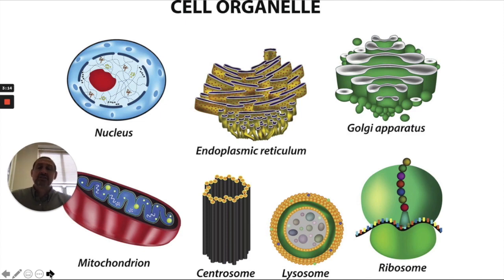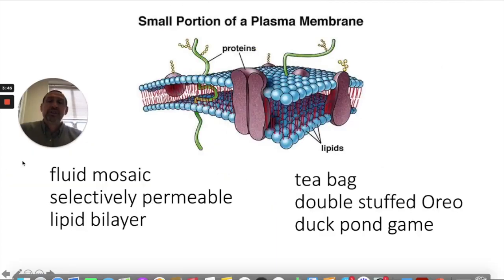The centrosome, which helps in cell division, is made of microtubules. The lysosomes, which helps to recycle old worn out cell parts, and digestion, because it's filled with digestive enzymes. And ribosomes, which are RNA, ribosomal RNA, and that is the site of protein synthesis, where and how proteins get made.